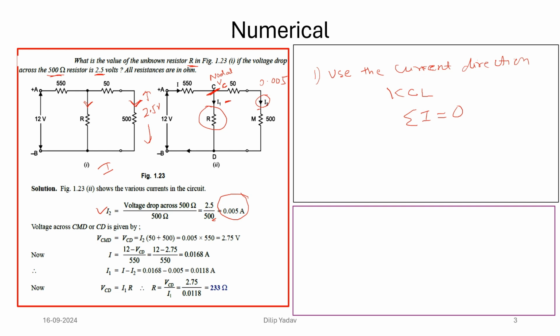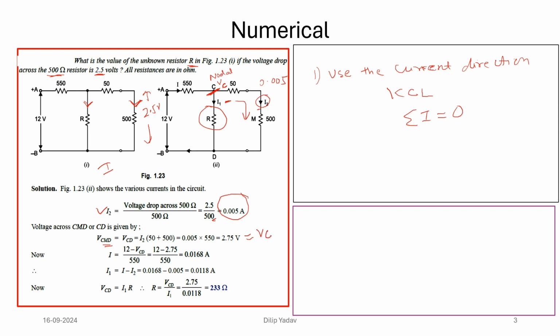As we know the current value, and these two are in series, I can calculate the voltage across this terminal, that is VC. We have calculated VC, and it is 2.75.